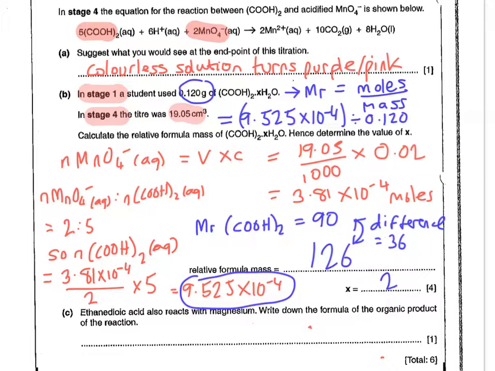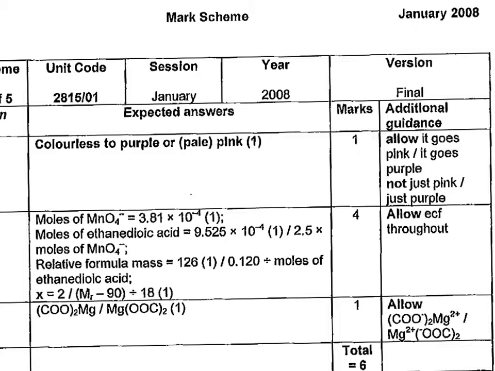Let's have a look at the mark scheme to tick off what we got right. We got the colour change, we got the moles of manganate, we got the moles of ethanedioic acid, and we worked out the relative formula mass by dividing the original sample's mass, which was 0.120, I think.